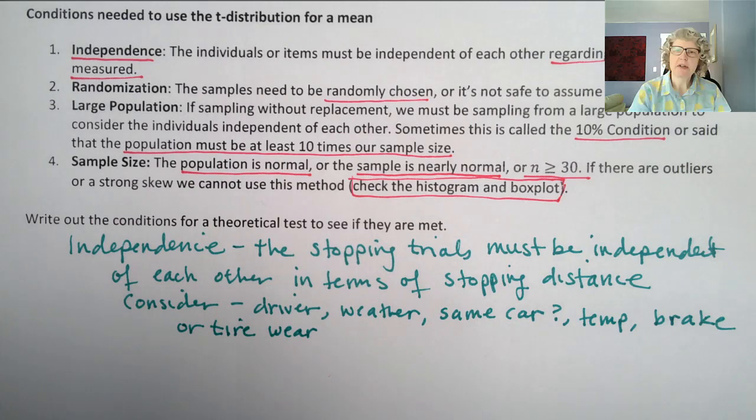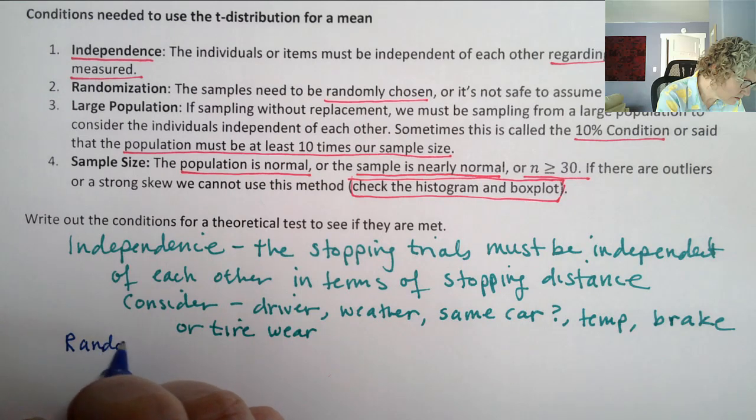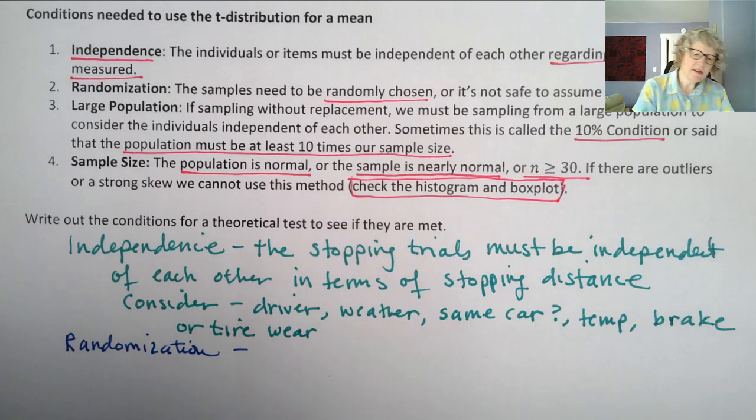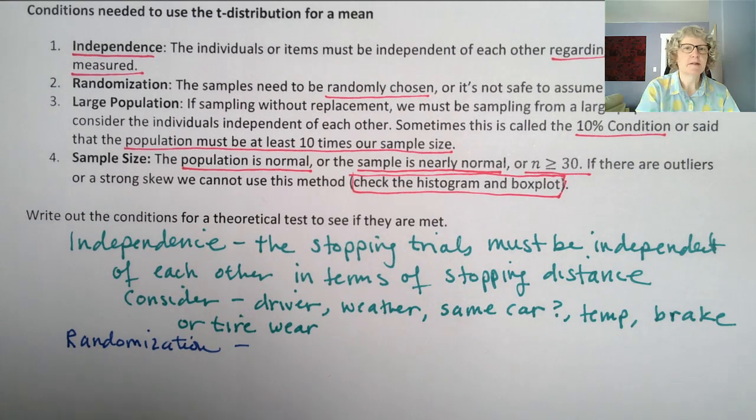Okay, and then randomization. Okay, so this is a different kind of situation, right? This is more of an experiment versus selecting parts on an assembly line or doing a survey or something like that, right? So this is an experiment, so I don't think this really applies here.